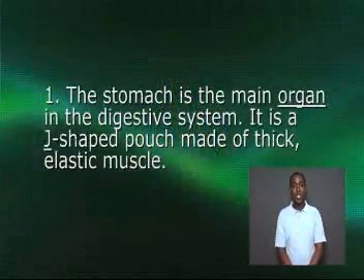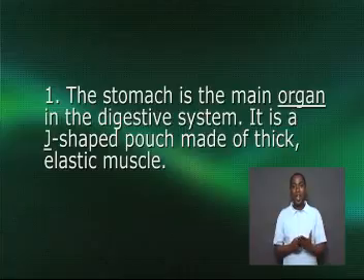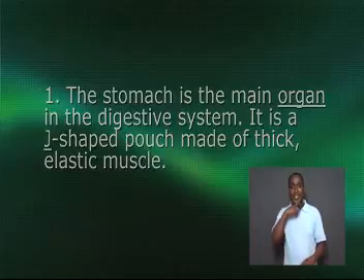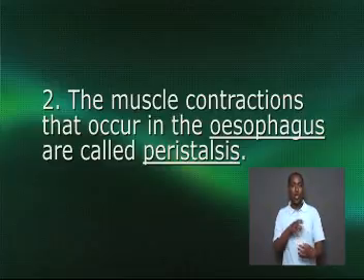The stomach is one of the main organs in the digestive system. It is a J-shaped pouch made of thick, elastic muscle. The muscle contractions that occur in the esophagus are called peristalsis.